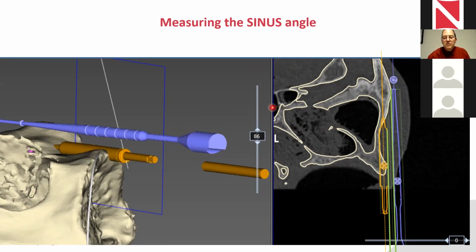I will pause and go to the software just a second. I'm just switching to the software, and the software will show how it's actually done with the diamond tool.